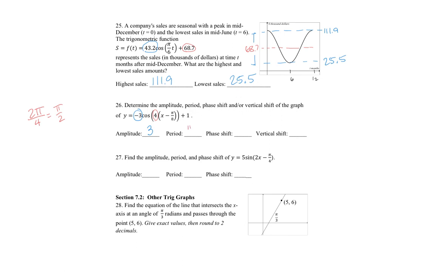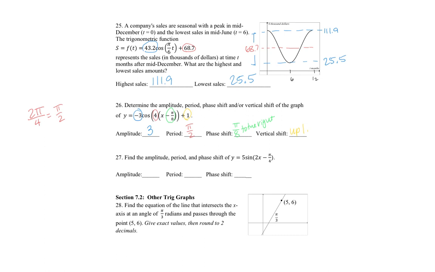So the period is pi over 2. The phase shift is going to be this value here, so we're going to go pi over 8 to the right. And then the vertical shift is given by this number here, and so it's up 1.